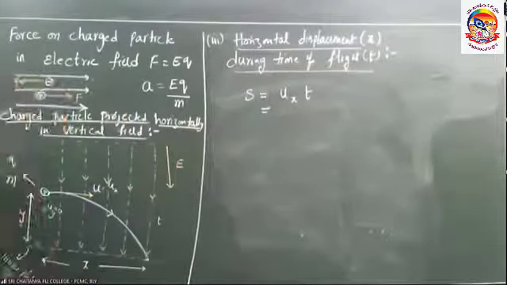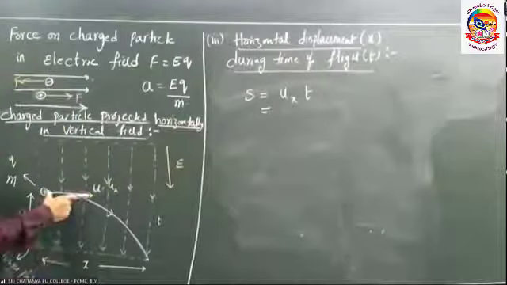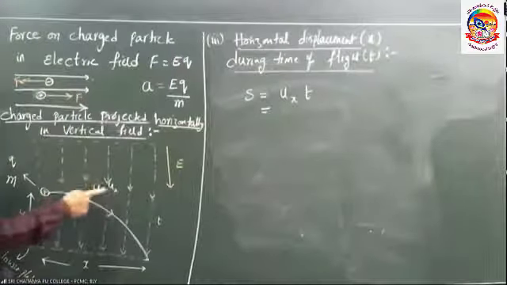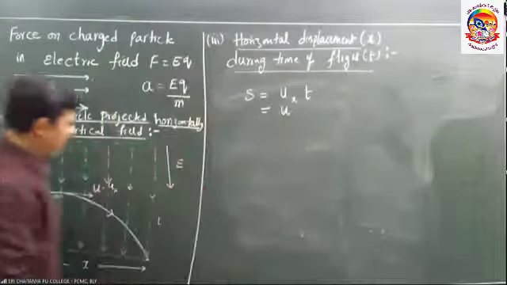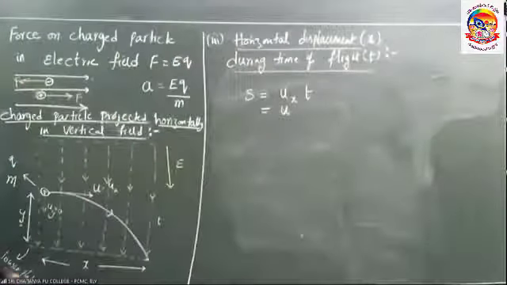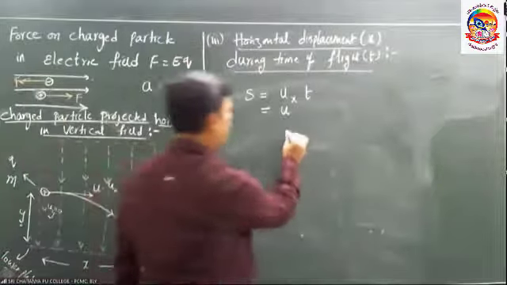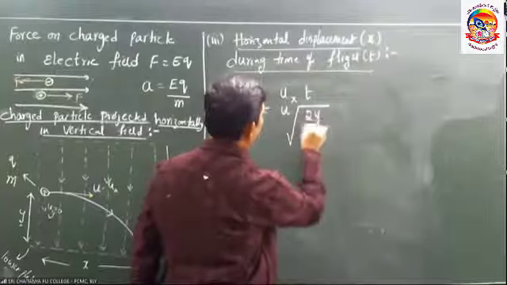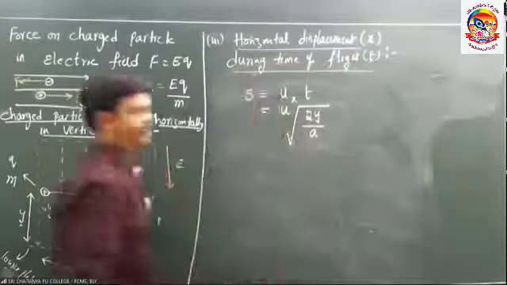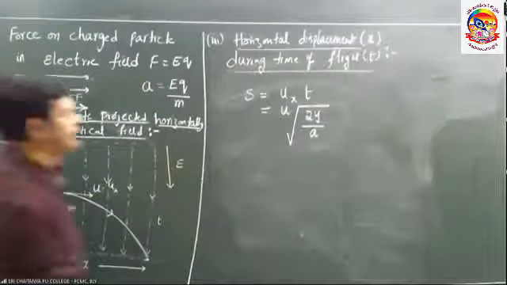What is horizontal velocity here? Ux is equal to u. What is the time here? Previously we calculated root over 2y by a, right?